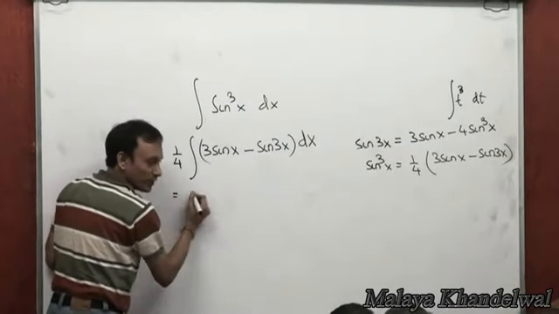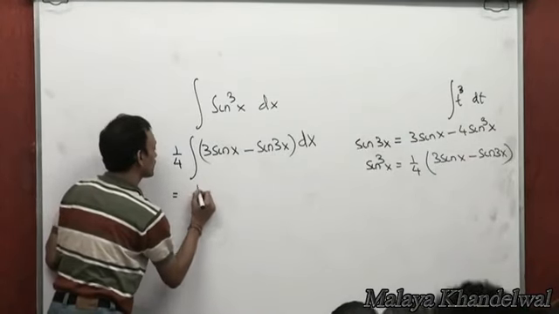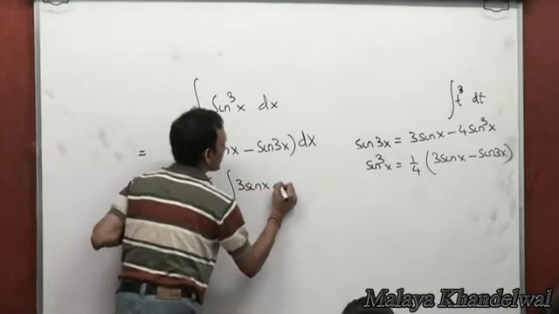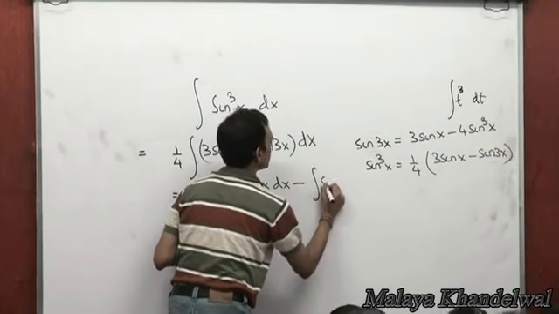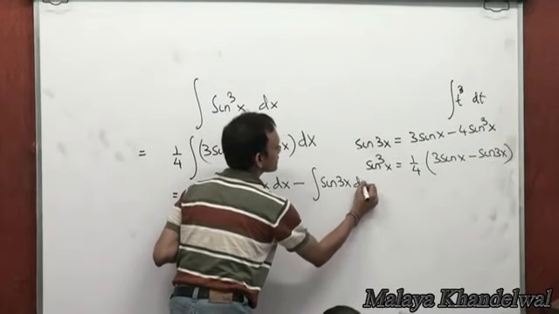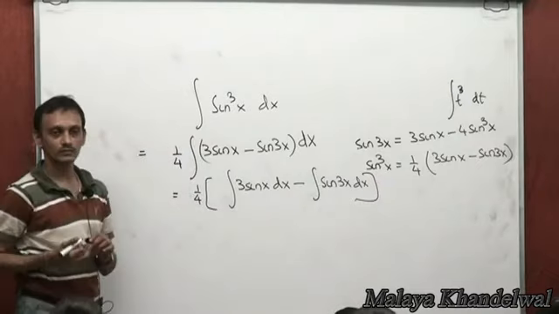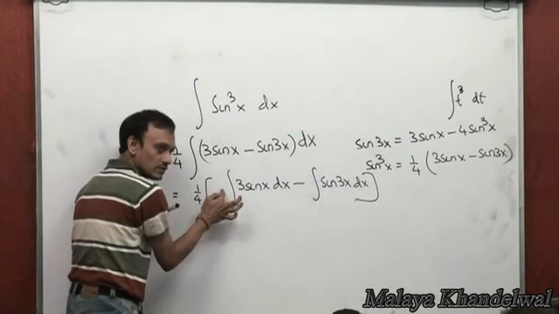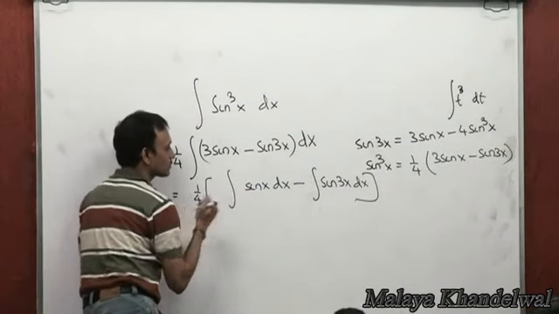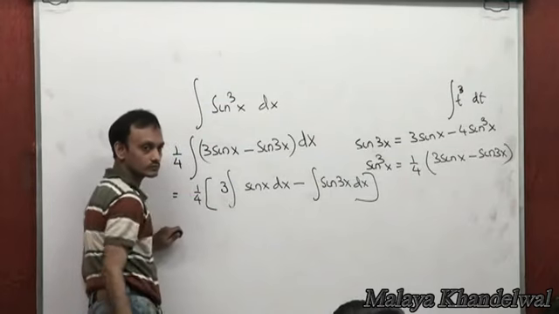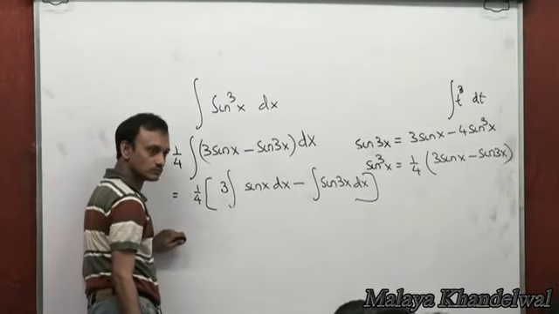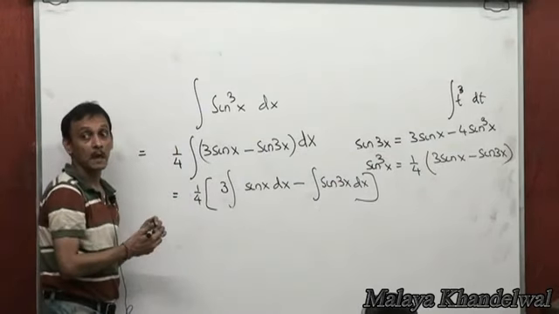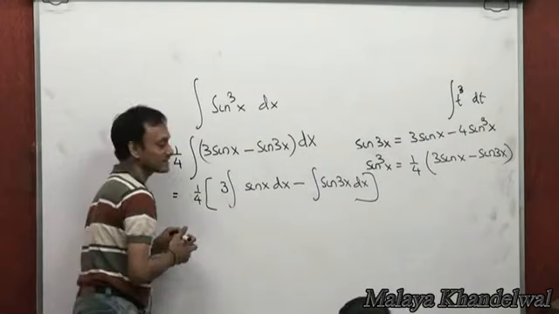So then this would be 1/4 of the integral of 3 sin x dx minus the integral of sin 3x dx, right? And then this 3 can come out of the integral sign. But what's the integral of sin x? Minus cos x.